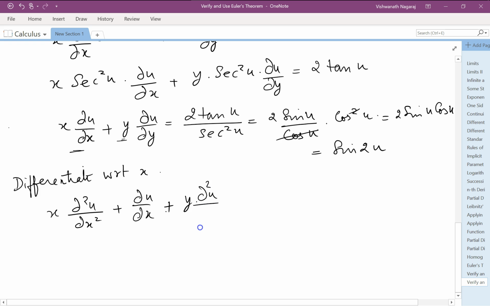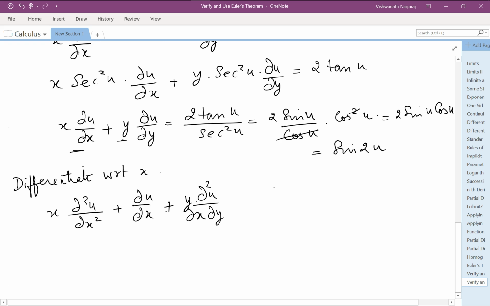Remember, it has already been differentiated with respect to y, so we are differentiating with respect to x, plus now we differentiate y. It's a constant, so 0. So don't forget that.